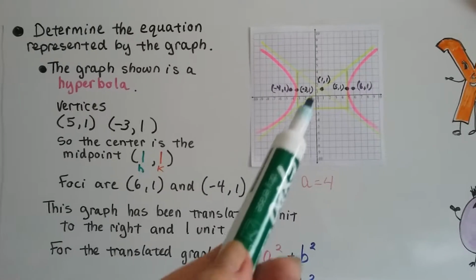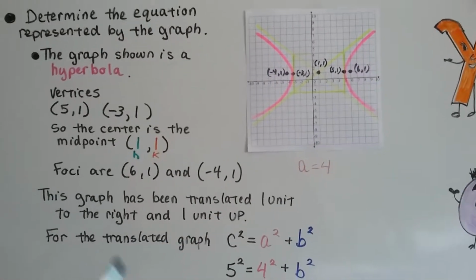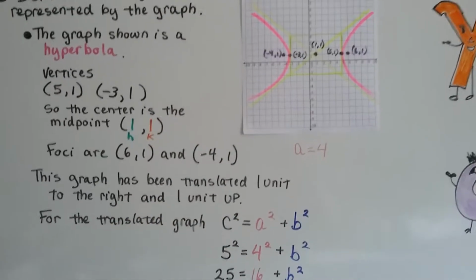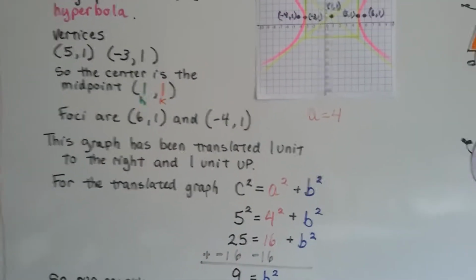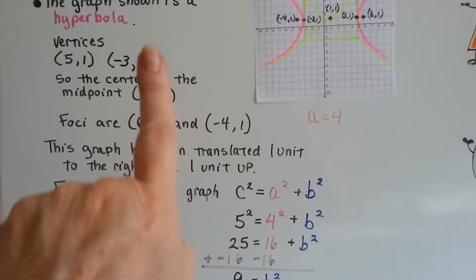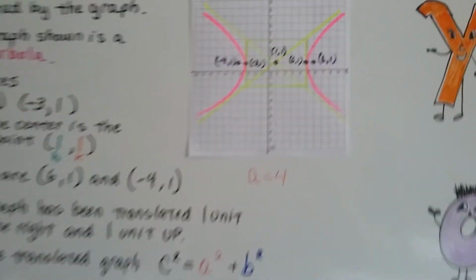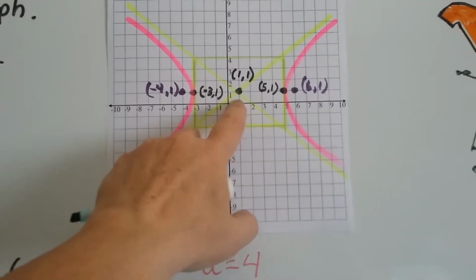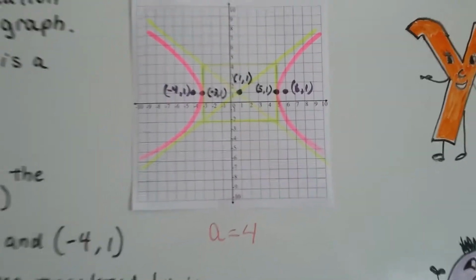And that center, the h, k, is 1, 1. And the foci are a 6 and 1 and a -4 and 1. And this graph has been translated 1 unit to the right and 1 unit up from the origin, okay? So here's the origin. It went 1 unit to the right and 1 unit up for the center, okay?